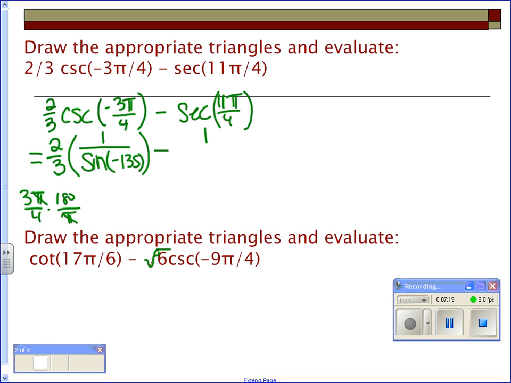And then 1 over cosine of what? Okay. That's 135. 11 pi over 4 times 180.